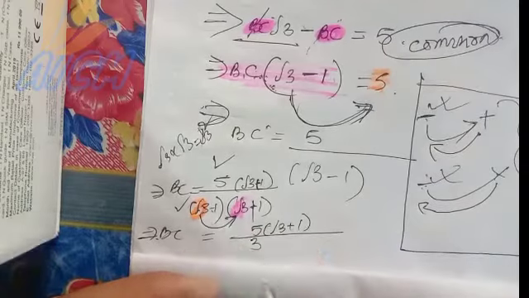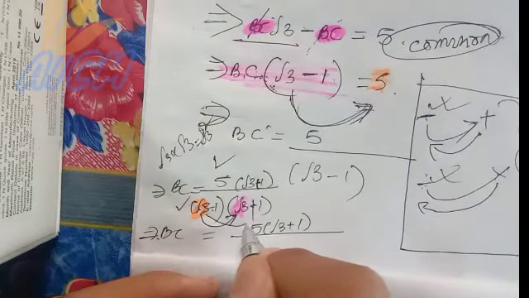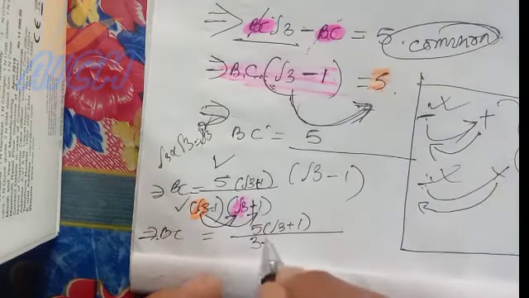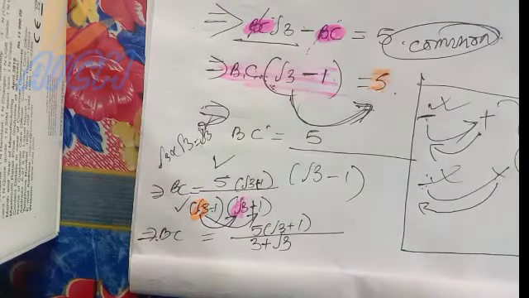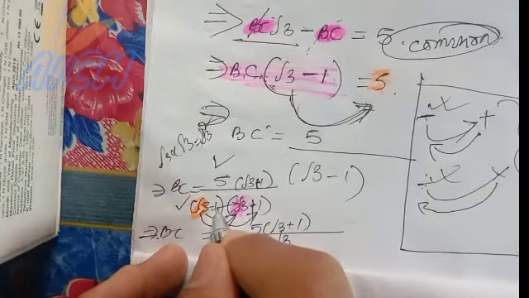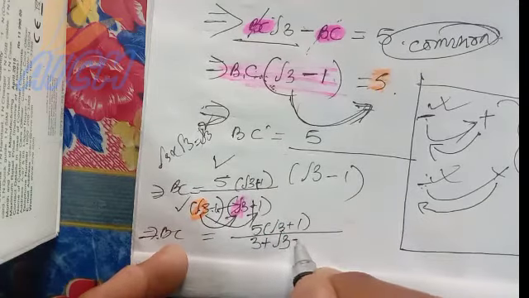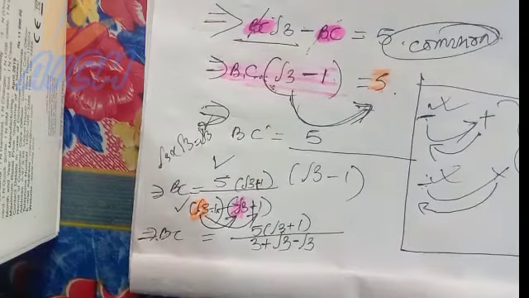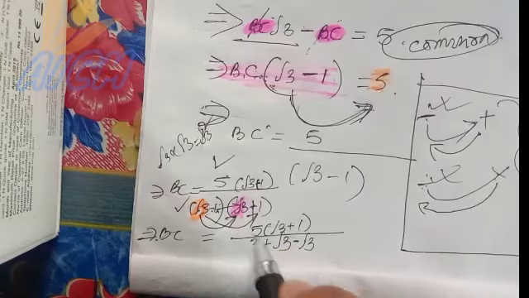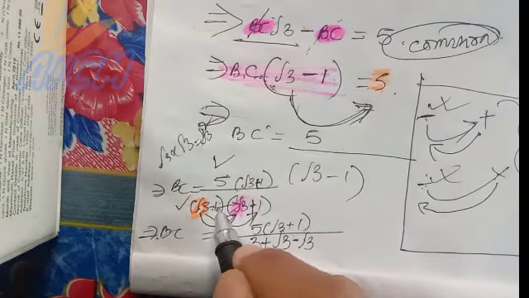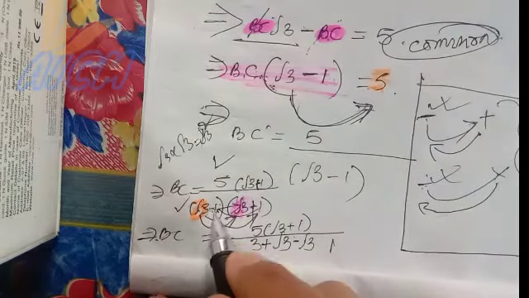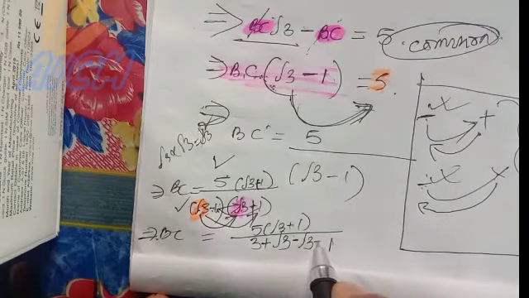And now this root 3 and 1 we are going to multiply, and root 3 into 1 is root 3. And this 1 into root 3, if we multiply again, 1 into root 3, then we have minus root 3. Why? Because 1 into root 3 is root 3, and minus into plus is minus. And this 1 into 1, if we do again, it is 1, and minus into plus is minus.